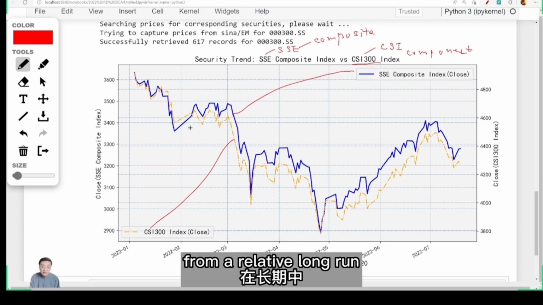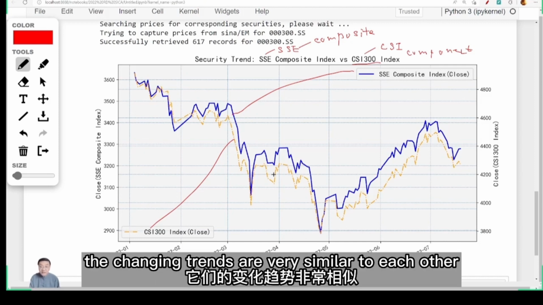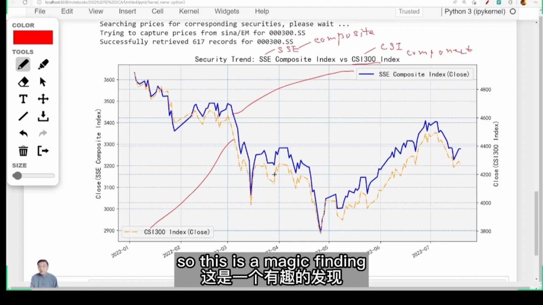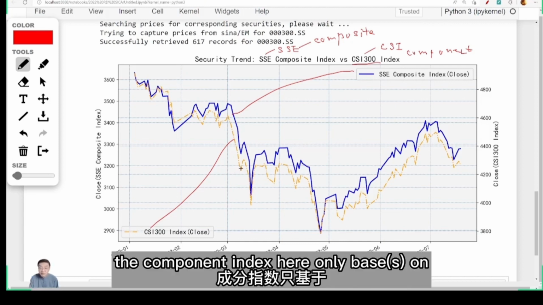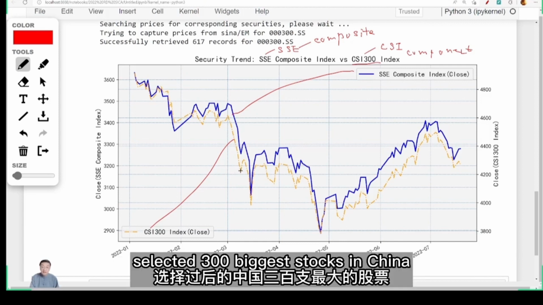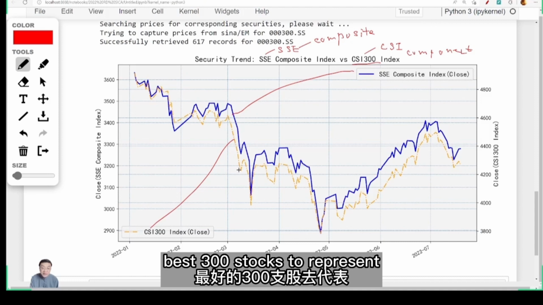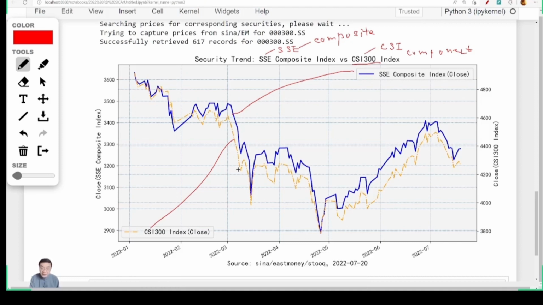However, over a relatively long run, we can tell that, yes, they are different, but the changing trends are very similar to each other. So this is a magic finding. Although the component index here is only based on the selected 300 biggest stocks in China, they try to use the selected best 300 stocks to represent the situation of the whole market.